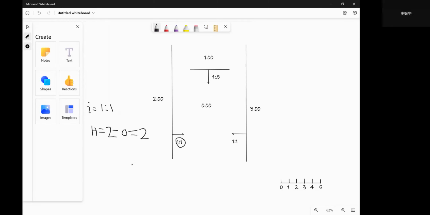And then, please look and listen carefully. You already know the h, the difference of elevation, and the slope i. And then you have to calculate L. It's the horizontal direction.